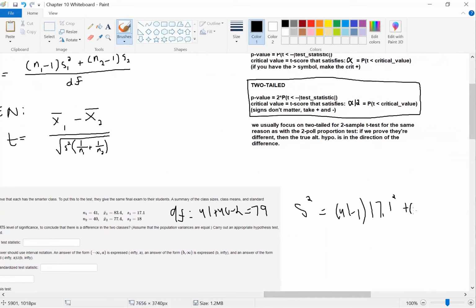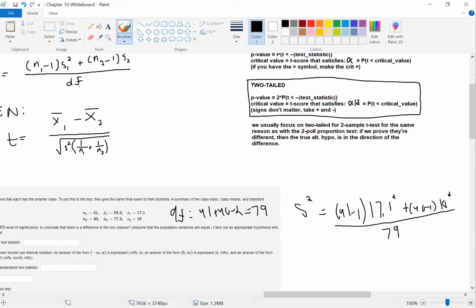And then plus, now we have 40 minus 1 times 18 squared. And now we divide by our degrees of freedom, 79. So I will put this into Desmos. Recall which order it was.